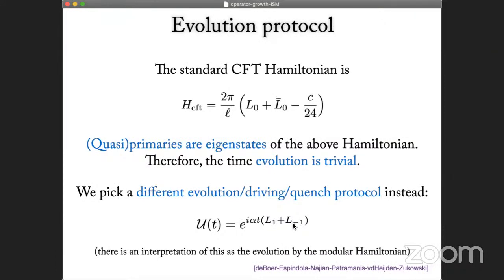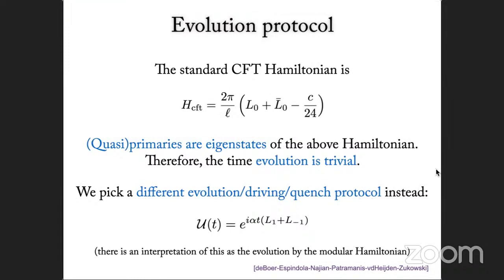I have a question. Yeah. So you're saying that quasi-primaries are eigenstates of the Hamiltonian, but what about the secondaries and the others? They are not eigenstates, right? Sorry, what do you mean by secondaries? The others, what do you mean by quasi-primaries? What are the other sorts of operators? I mean, all descendants are eigenstates of the Hamiltonian.